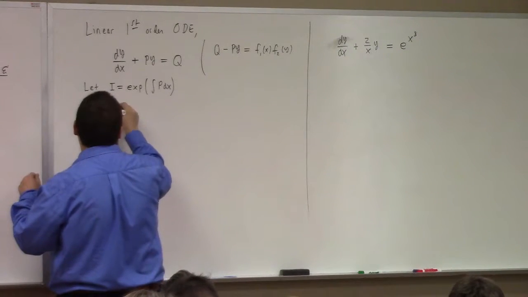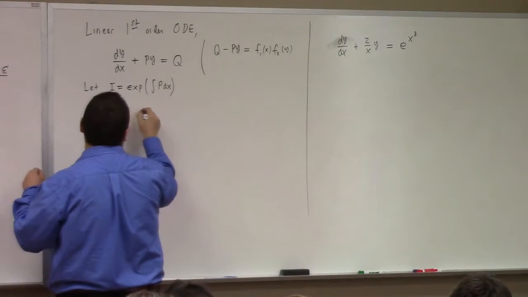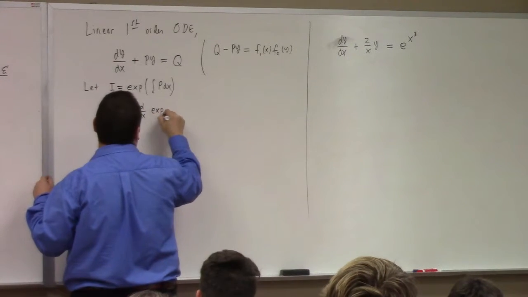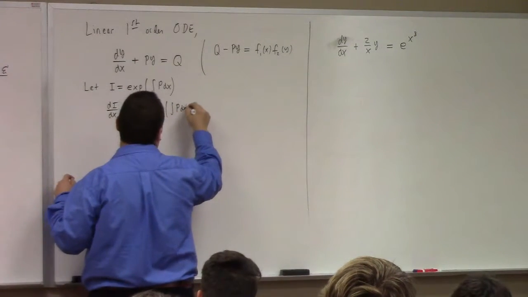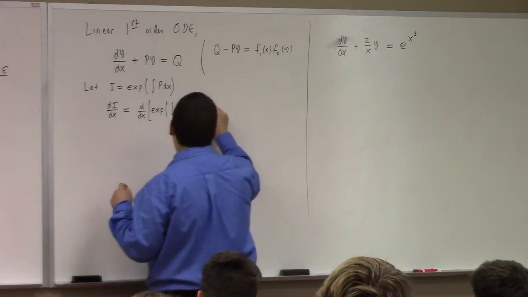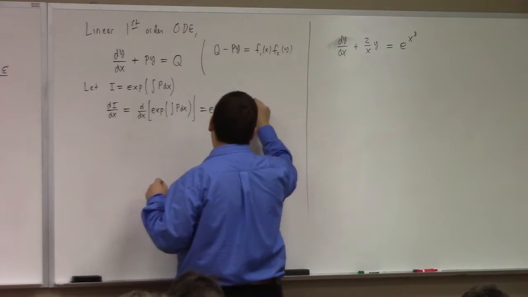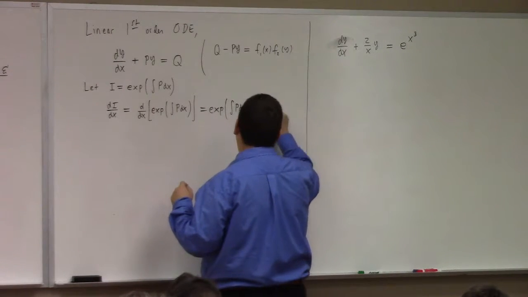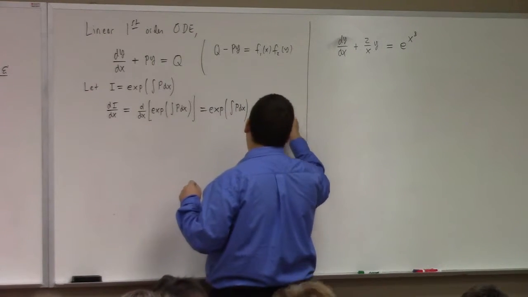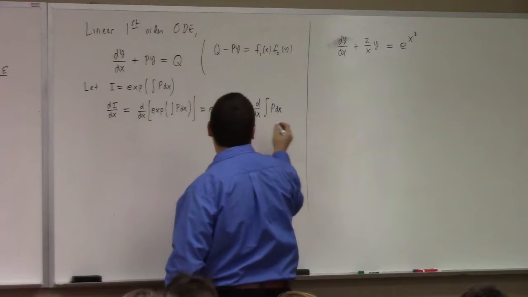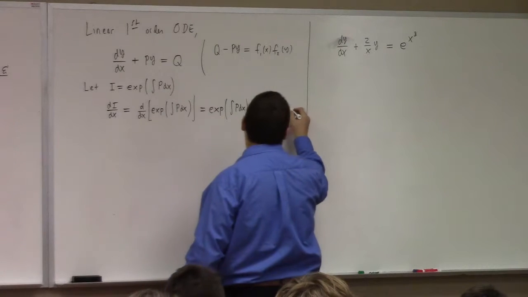Then dI/dx is what? What's the derivative of an exponential? It's the exponential, right, times the derivative of the inside function by the chain rule. Don't forget the chain rule. It will haunt your dreams.